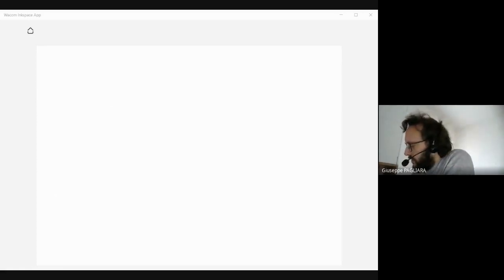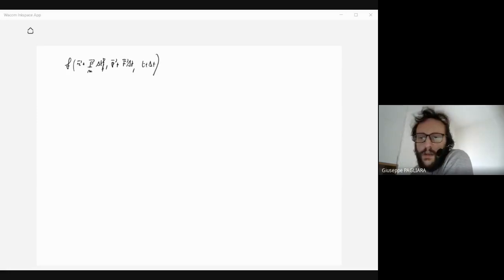We can conclude that f of r plus p divided by m delta t, p plus f delta t, t plus delta t, since the infinitesimal volumes are the same for what we have just derived, this function here must be equal to the f of r p t.